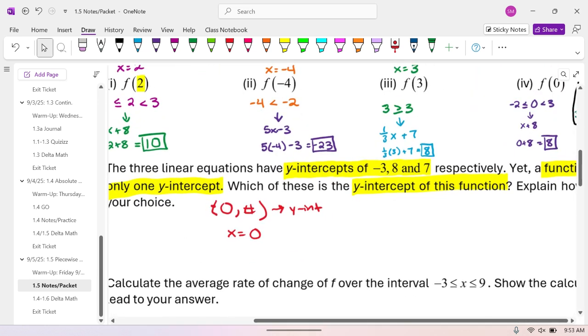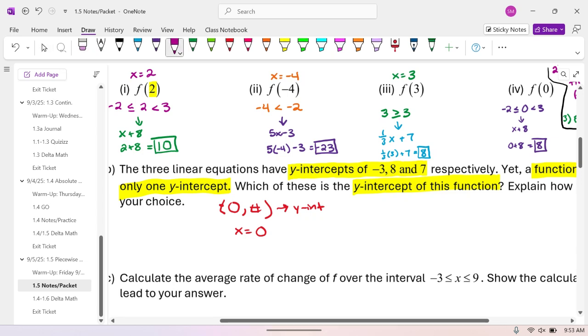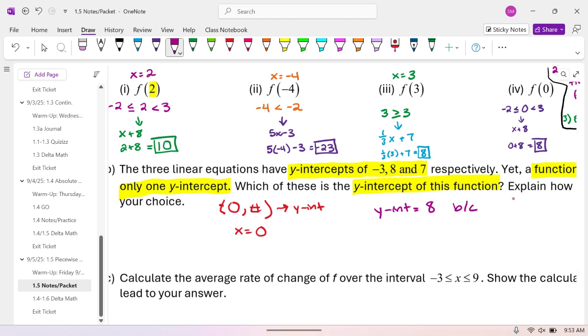All right. So our y-intercept is equal to 8 because 0 fits into the second domain. So in other words, it's true that -2 is less than or equal to 0, which is less than 3.